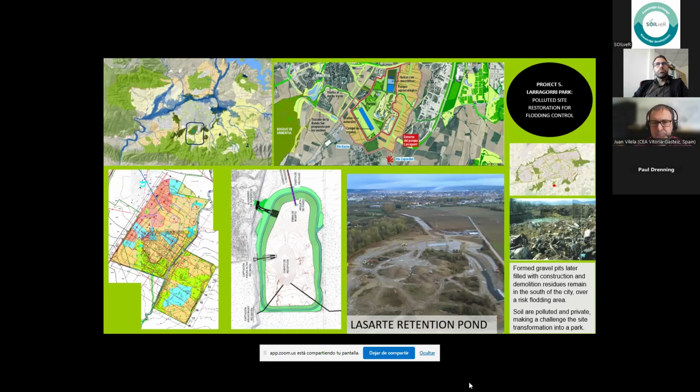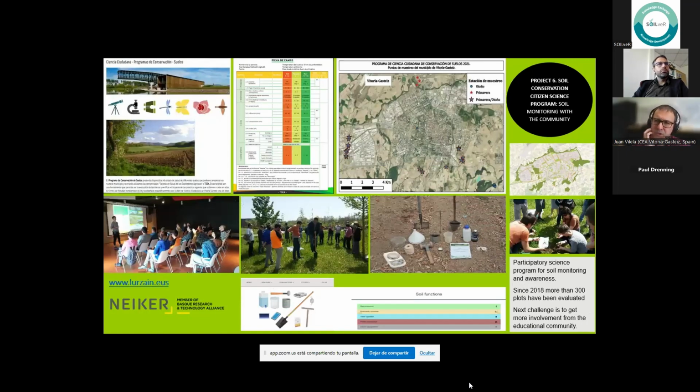I would like to mention also that we have a citizen science program for soil conservation. This started in 2018. Today, it's more common to see other municipalities working with citizens, but by then, I think we were very few. We did it with NEIKER, which is the Basque Agronomic Research Institute, and we developed these soil cards that are really easy to use.